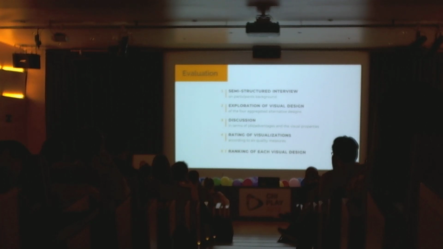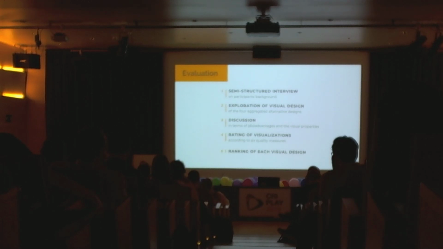The evaluation started with a semi-structured interview on the participants' background and experience in the industry. And second, these participants were presented with the design alternatives, which they examined for the similarities and got more comfortable with the different alternatives.